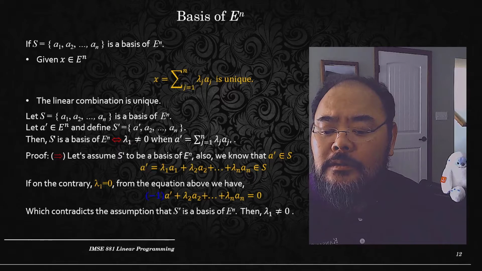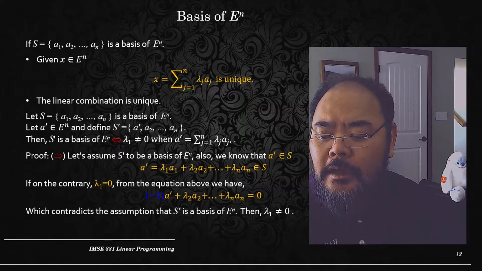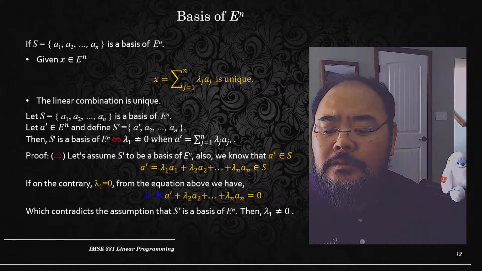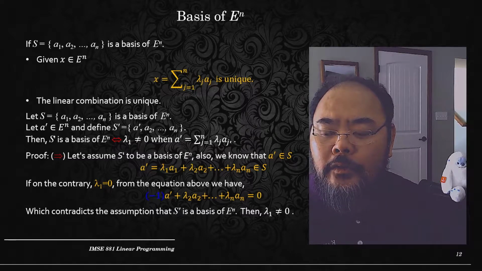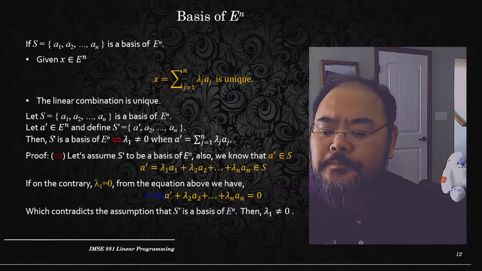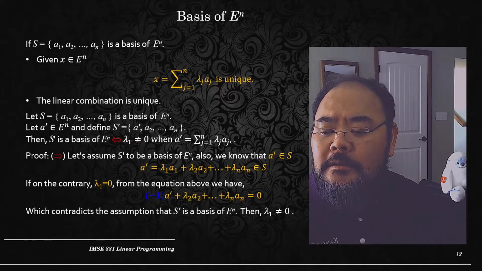Since A prime also belongs to the n-dimensional Euclidean space, A prime can be represented as a linear combination of A1 through An in S. Since this is a double arrow, it means that if S prime is a basis of En, then lambda 1 is not equal to 0.